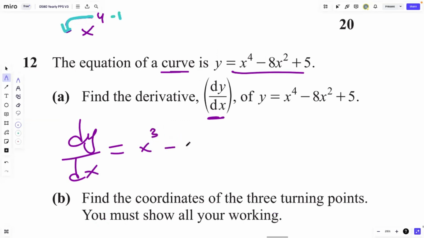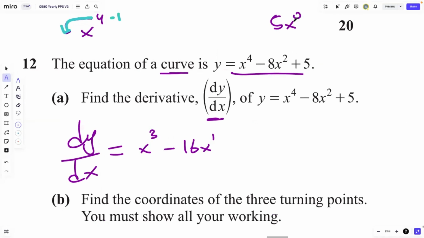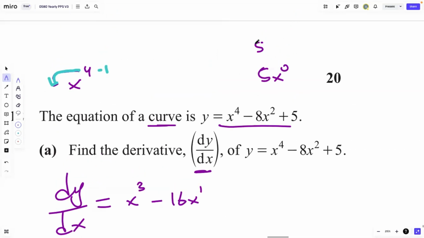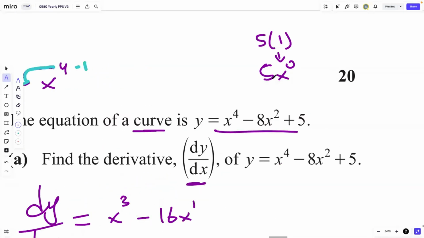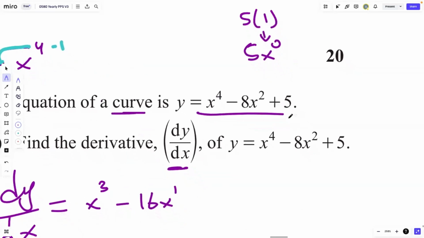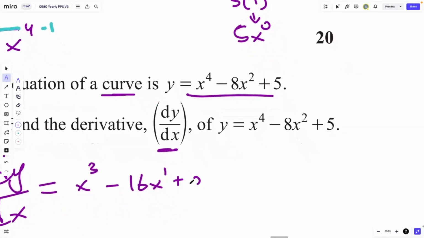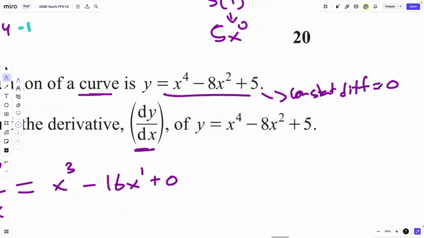This is going to be 2 times 8 is 16, with the power of x reduced by 1. Now for the constant. A constant is the same thing as x to the power 0, because 5 to the power 0 is 1. So the 0 goes on the other side, and 0 times 5 is going to be 0. So the differentiation of a constant is equal to 0.